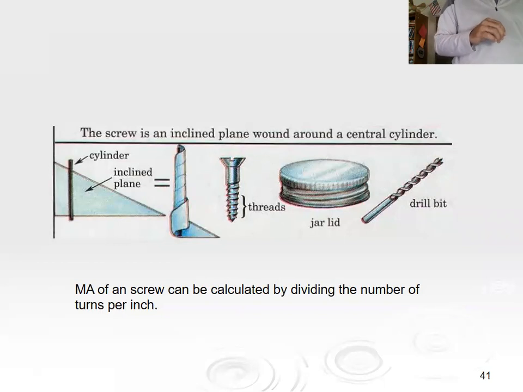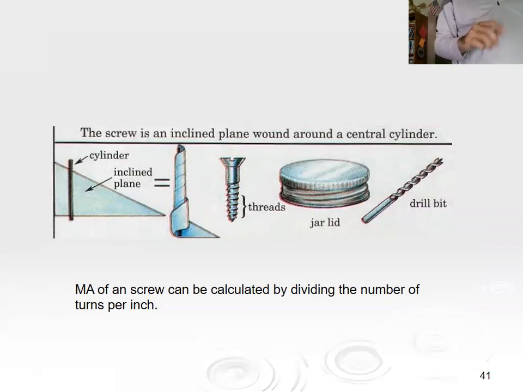In fact, there are. A spiral staircase, like the one in the auditorium, where the staircase goes in a circle. That would be a screw, because it's an inclined plane wrapped around a post. On the top of this bottle, I have an inclined plane, the little threads you see, wrapped around something circular.